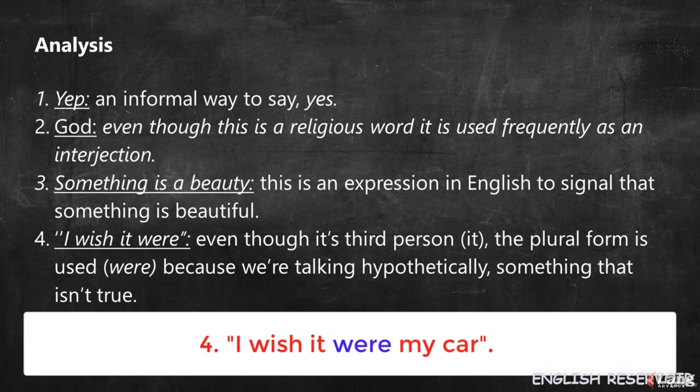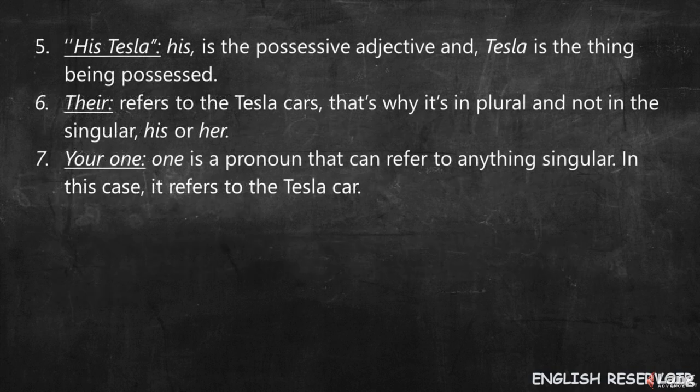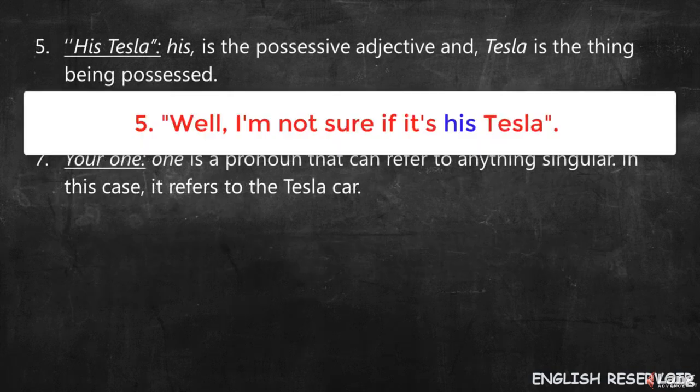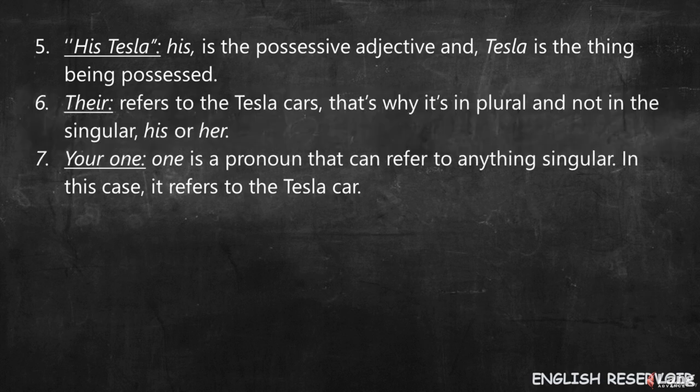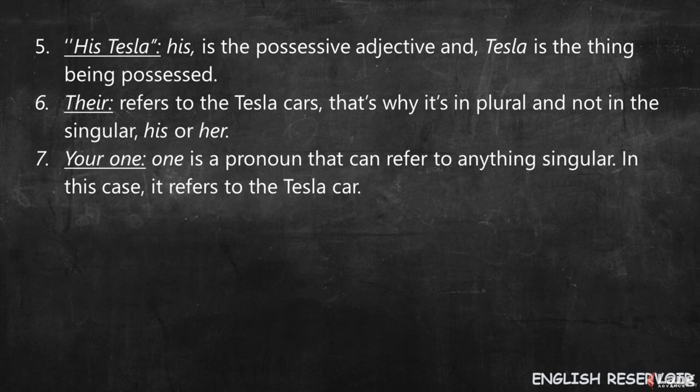Even though it's third person, the plural form is used because we're talking hypothetically, something that isn't true. 5. His Tesla. His is the possessive adjective, and Tesla is the thing being possessed. 6. Their refers to the Tesla cars. That's why it's in plural and not singular, his or her.